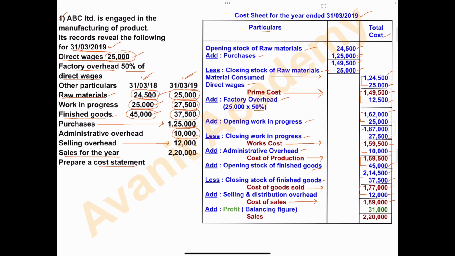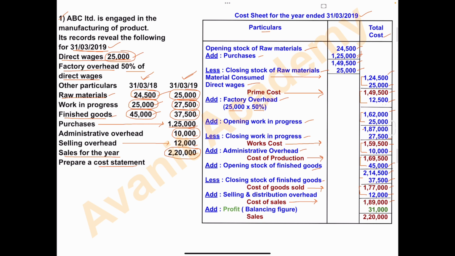The last item, sales for the year, is 2,20,000. So in the year 2019, the sales is 2,20,000. First we will take sales because profit they have not given here. That one we have to find out. By taking the sales amount, we can calculate profit.